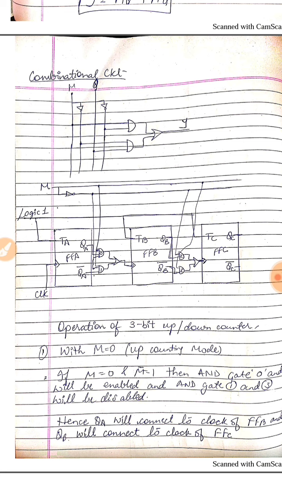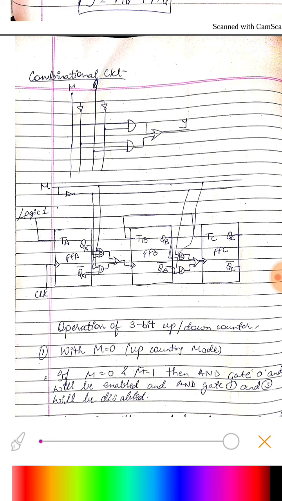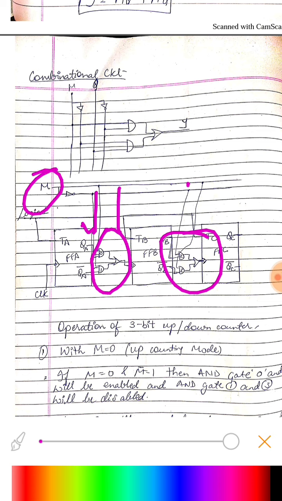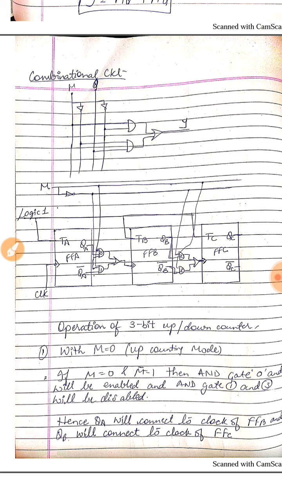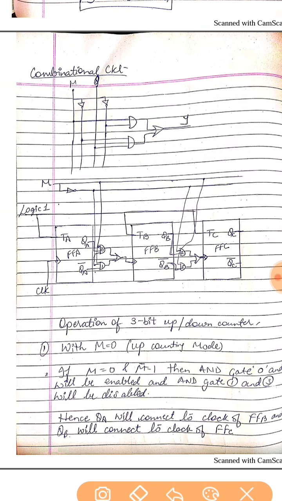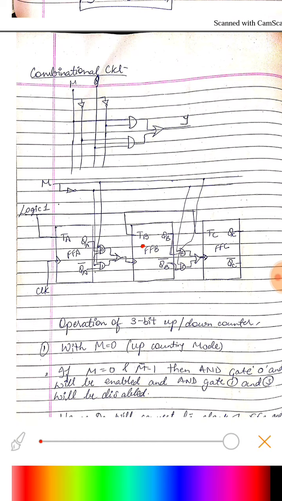So now I have designed that up down ripple counter, that is a 3-bit up down counter. Here I have used this combinational circuit. Here m and m naught are provided using this input to both the circuits, and qa and q bar is provided from there, and qb and qb bar is provided there. Depending upon the mode, we can choose how we want to feed the clock of the next flip flop.